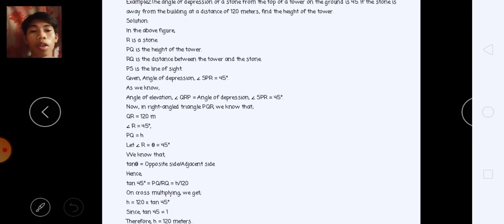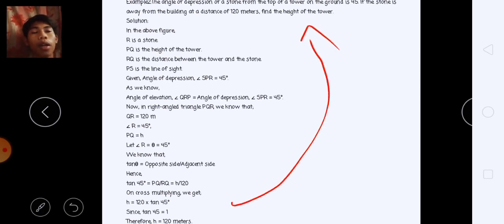On cross multiply, we get H is equal to 120 times tangent 45. Tangent 45 is equal to 1. Therefore, the height H is 120 meters, which is the height of the tower.